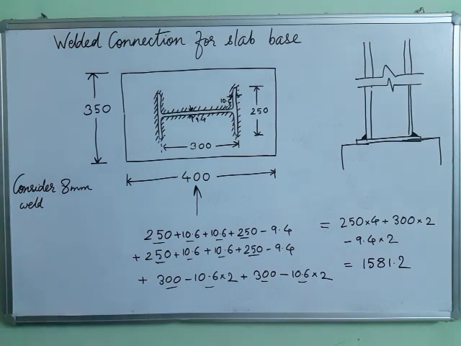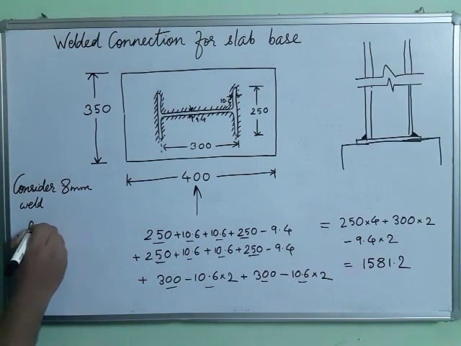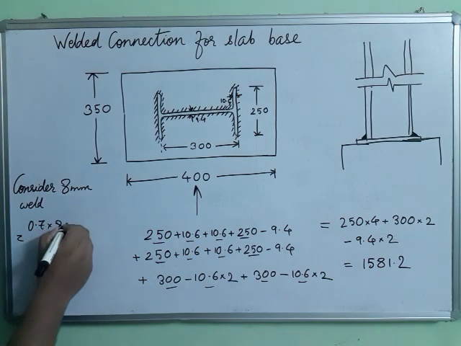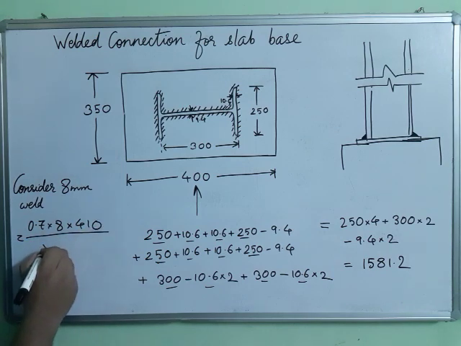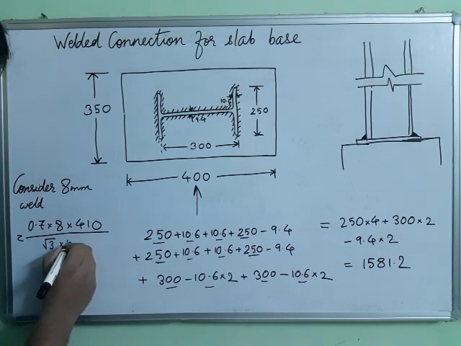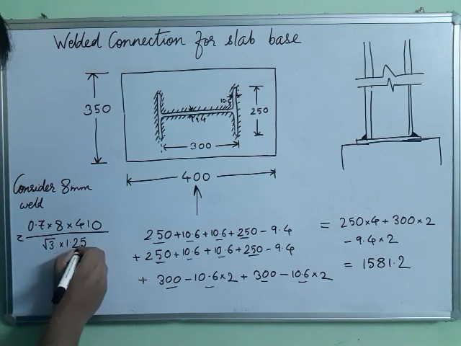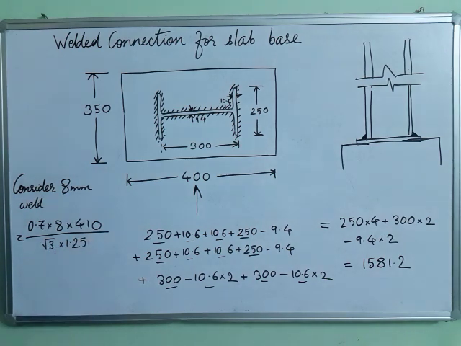After considering 8 mm weld, we have to find out the capacity of the weld per unit length. So the formula for that is 0.7 into size of the weld into strength of the weld.